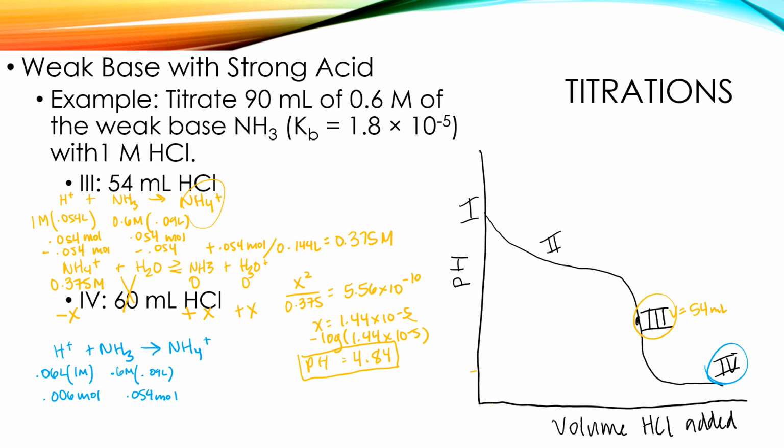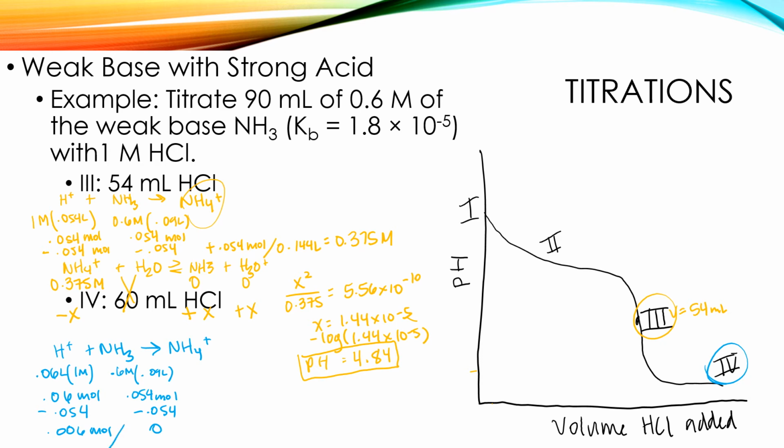Oh, excuse me. 0.06, that makes more sense. So then minus 0.054, and I'm left with 0.006 moles of excess acid.